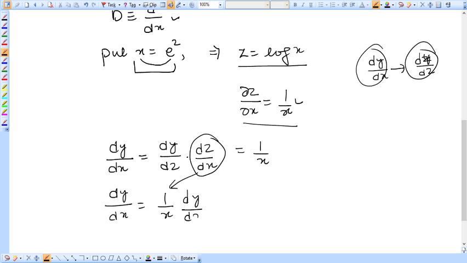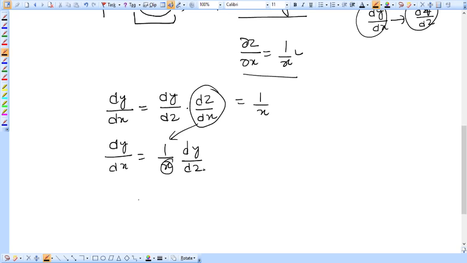Taking this x to the other side, we get x dy over dx is equal to dy over dz, right?